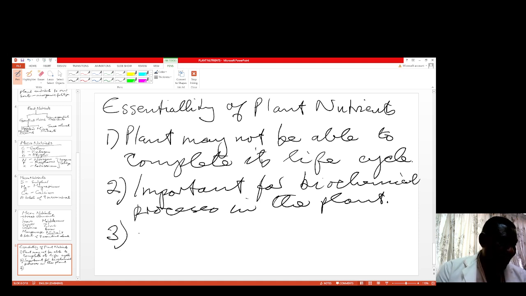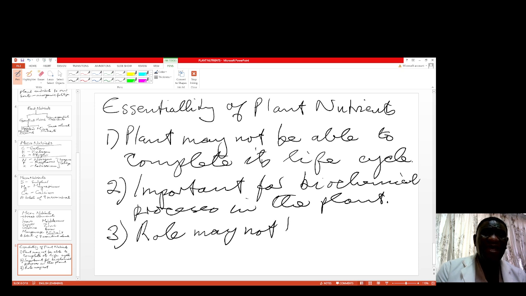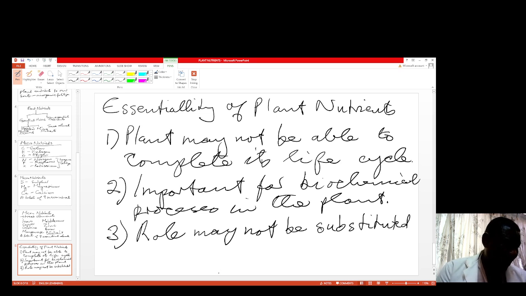Third, the role of this essential nutrient may not be substituted or replaced by another element.